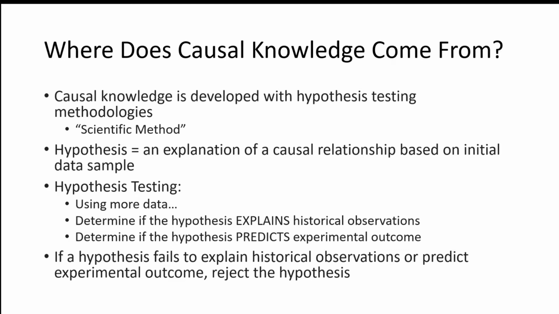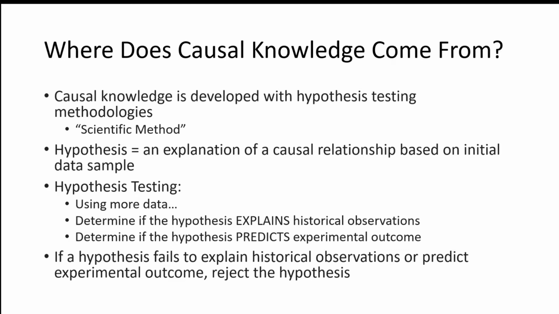And when you go to test that hypothesis, what you do is you expand the available data that you're going to use, and you're going to look for two things. You're going to look to see if the hypothesis explains historical observations and if it predicts experimental outcome.